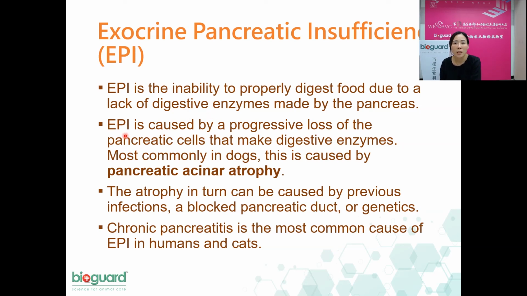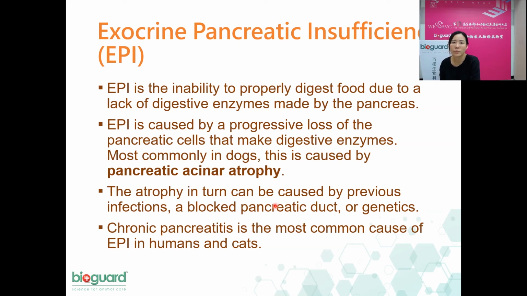EPI is caused by a progressive loss of the pancreatic cells that make digestive enzymes. We can usually find it in dogs, and when EPI occurs in dogs, it is caused by pancreatic acinar atrophy. So why does the acinar atrophy happen?